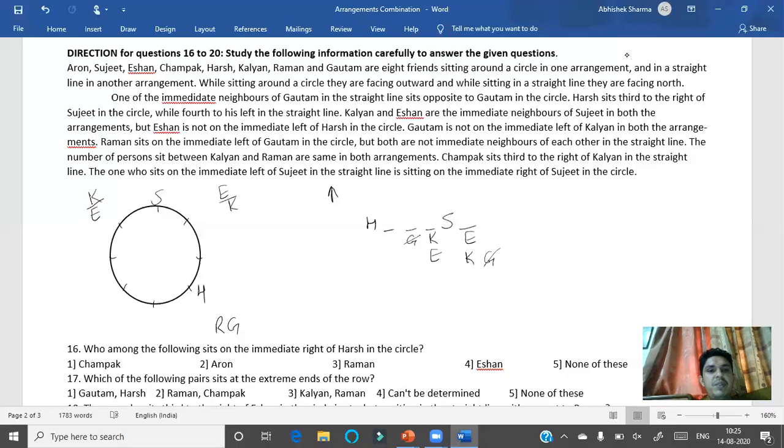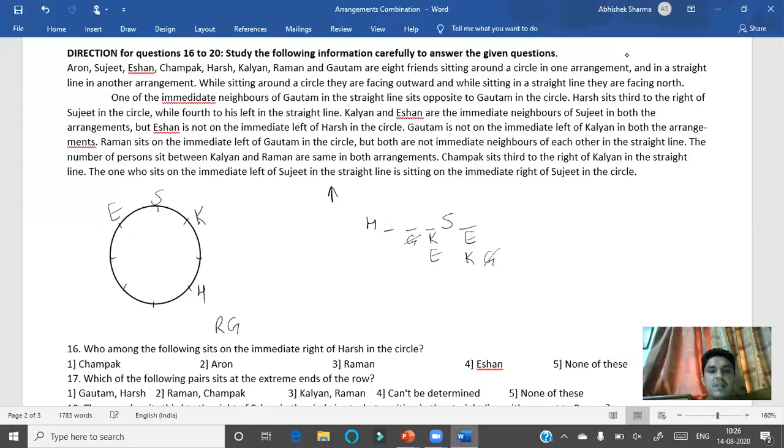The number of people who sit between Kalyan and Raman are the same in both the arrangements. So if we check Kalyan and Raman in both the arrangements, if I place Kalyan here, like Kalyan at this point, Raman will be here, right? And if I place Kalyan here, 1, 2, 3, Raman can be here, or 1, 2, 3 can be here. So I can place Kalyan here, right?